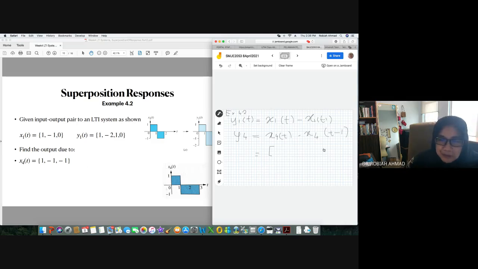So we put in our x value, which is 1 minus 1 and minus 1, because later there is a shift by 1, so we prepare by putting 0, and then minus 0 1 minus 1 minus 1.